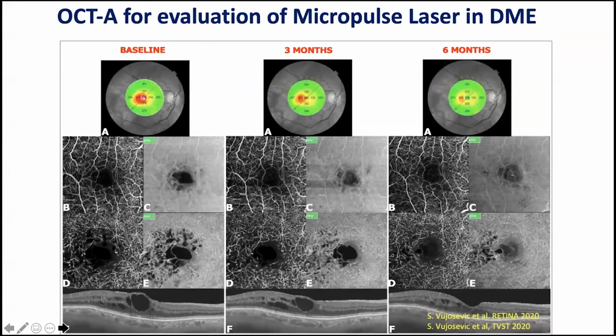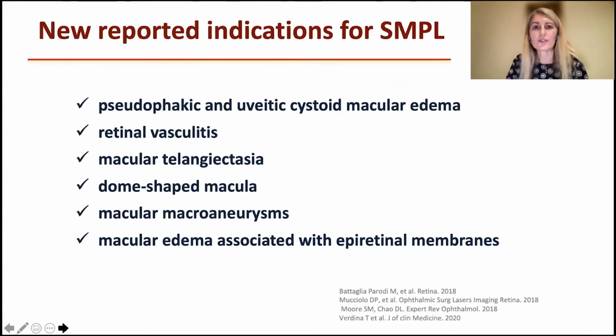But also, for example, in diabetic macular edema, this is one of the cases that we have published, the patients were followed with not only OCT, but also with the OCTA, where the major differences were found in the deep capillary plexus after the subthreshold micropulse laser treatment.